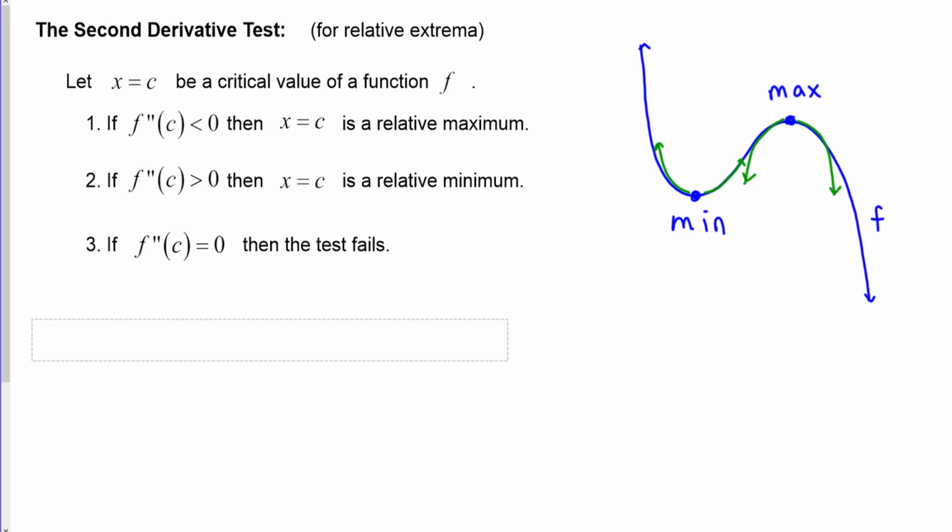Now you might be wondering, why does the second derivative test sometimes fail? The reason is, if the second derivative evaluated at any point is larger than 0, then you're concave up, and therefore your curve is entirely above the tangent lines.